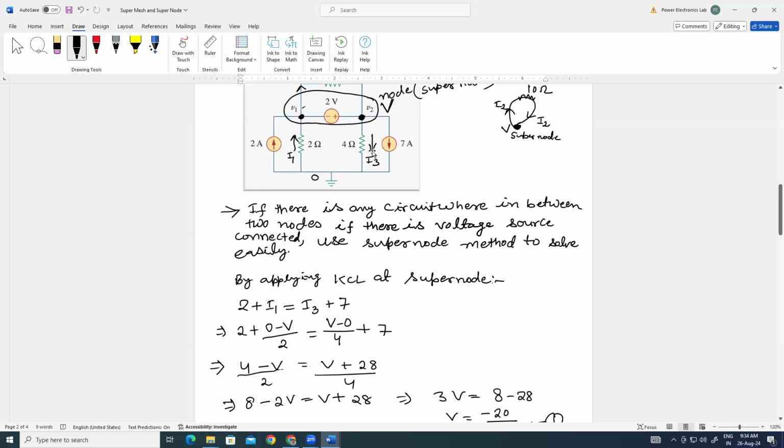If we have assumed the current direction I4 here, what will be the value of V?